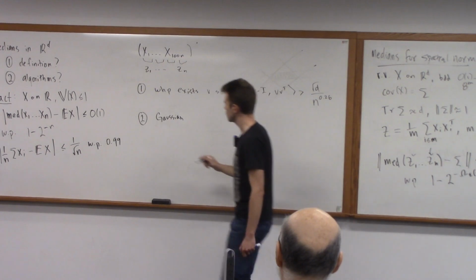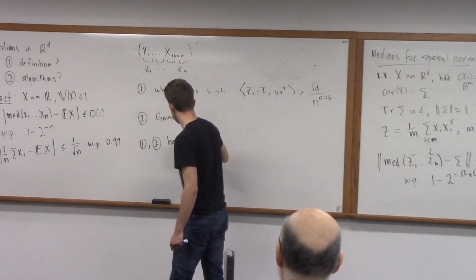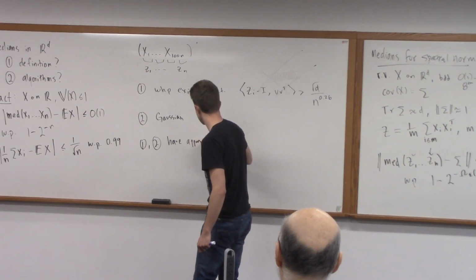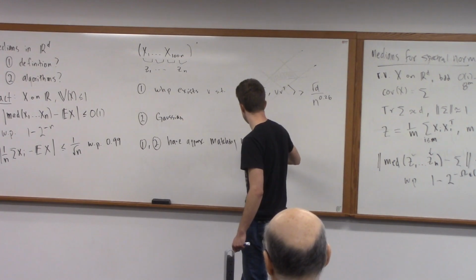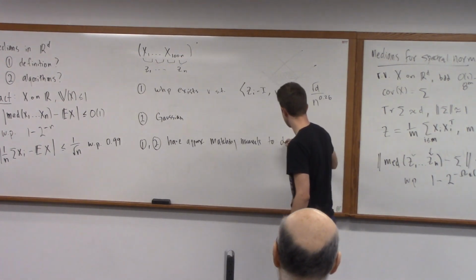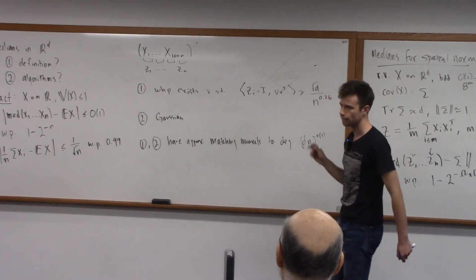And furthermore, 1 and 2 have approximately matching moments to degree like almost polynomial in the dimension of this thing.